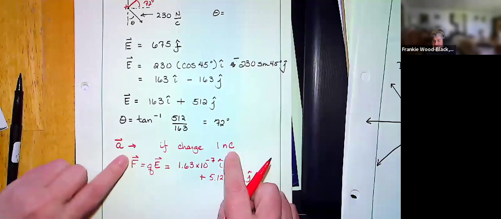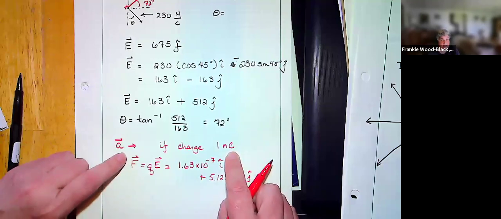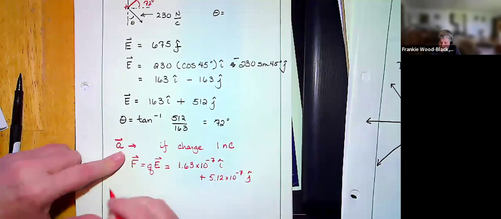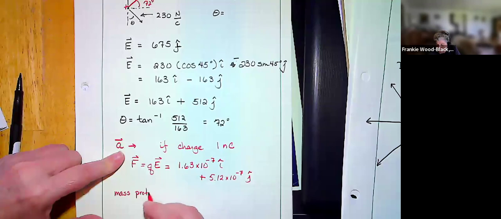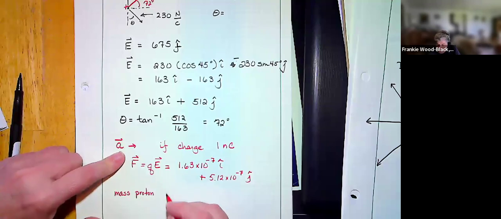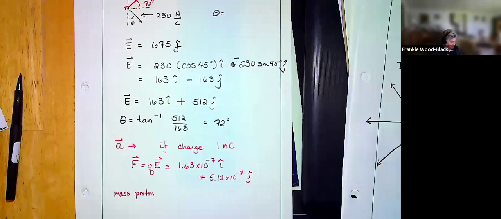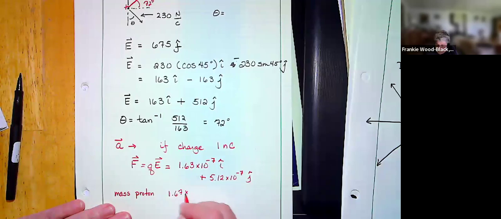Now I need the mass, okay? I need the mass of that. So if I have a positive charge, I need the mass of my proton. And my proton mass is 1.67 times 10 to the minus 27 kilograms.